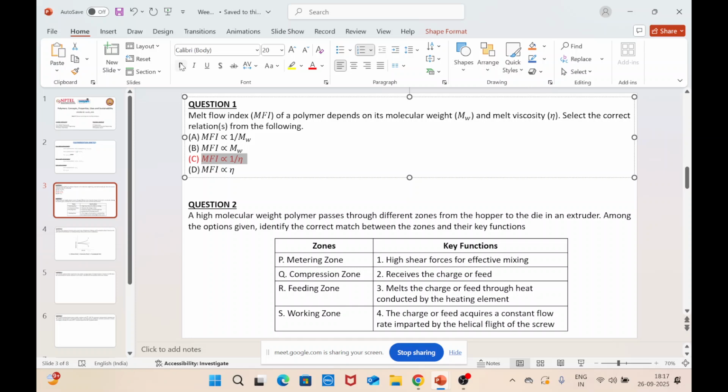So similarly, what about its relation with the molecular weight? How does the molecular weight affect your melt flow index? Again, keeping in mind the same relation, that higher MFI means a higher amount of polymer is going to flow out of the die. So how does the molecular weight play a role in this?